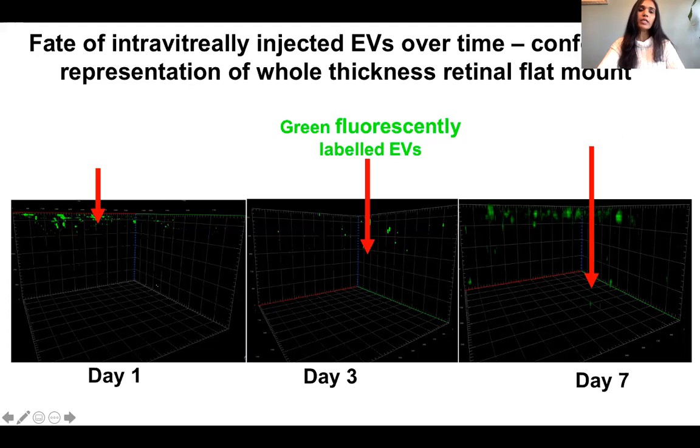This is a representation of a whole thickness retinal flat mount in the C plane, and we can see that on day one the EVs are sitting in the vitreous, and then as days progress, by day 7, they traverse down to the retina, and you can see how they are moving towards the retina.